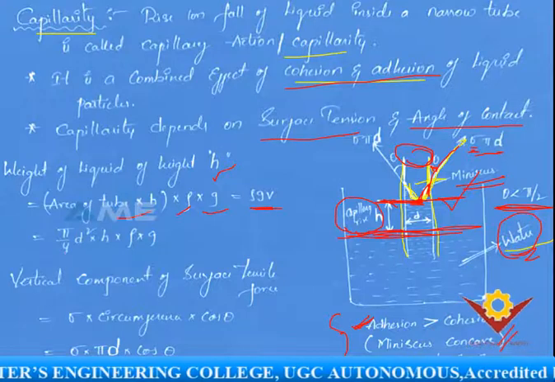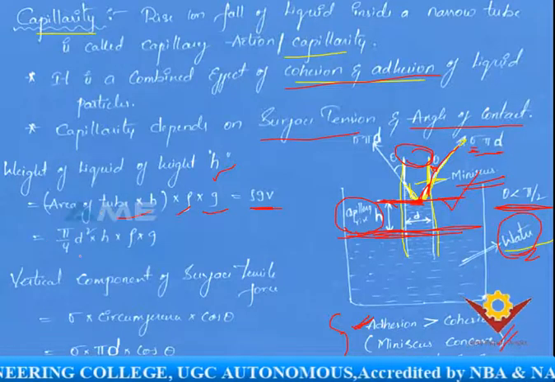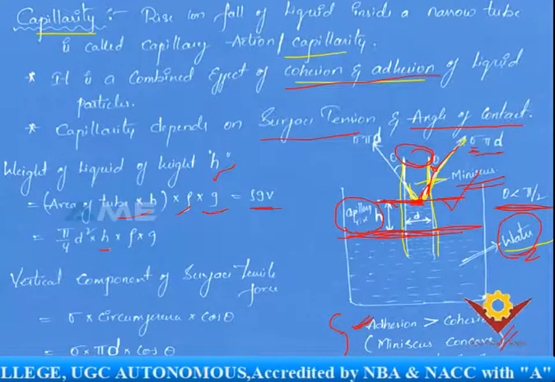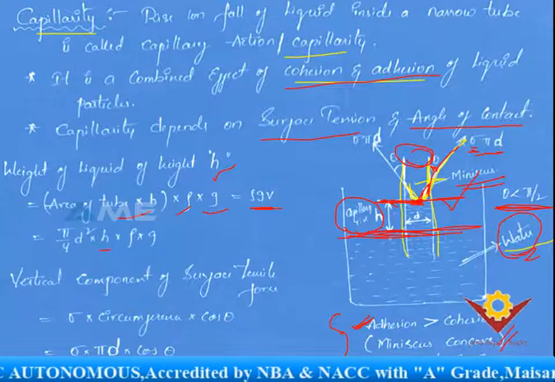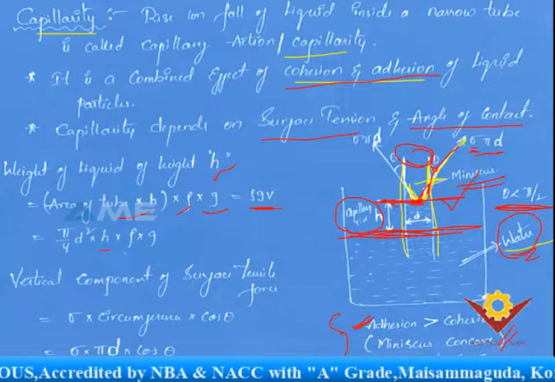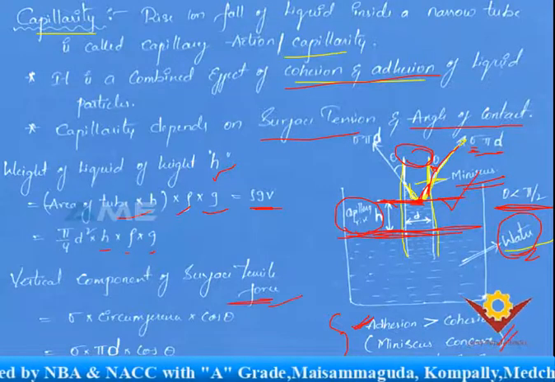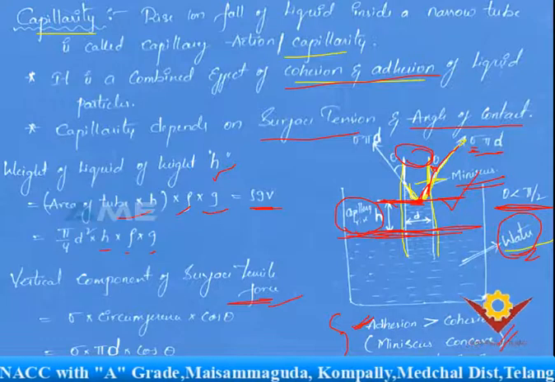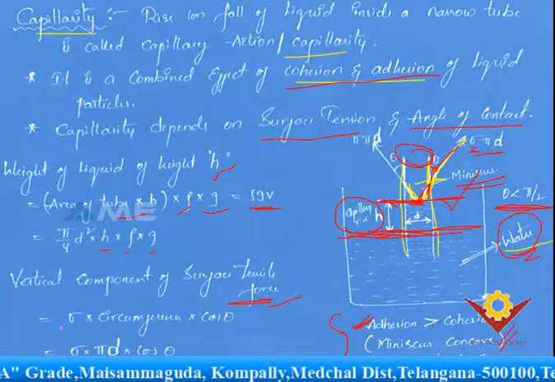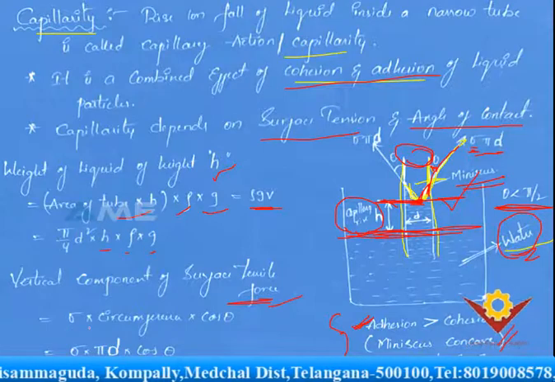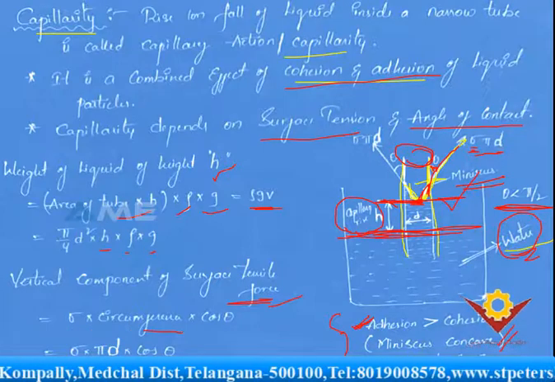And what is the area? Pi by 4 d square into h, where h is the height of capillary rise, and density of water into gravity. What is the vertical component of the surface tension? That is sigma, which is surface tension, into circumference of your tube into cos theta.